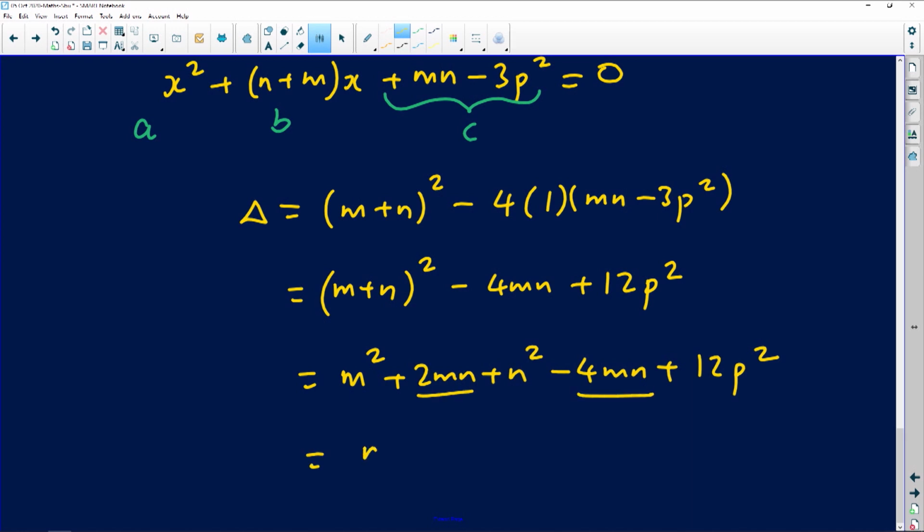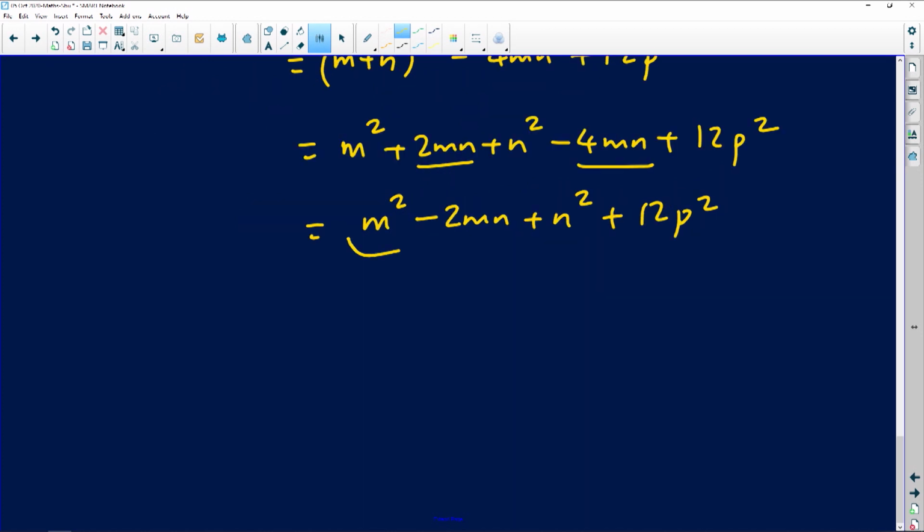You have m squared, then minus 2mn when you subtract 4mn from 2mn, and then n squared plus 12p squared. What is this? This is a beautiful trinomial, which can be written as (m minus n) squared plus 12p squared.